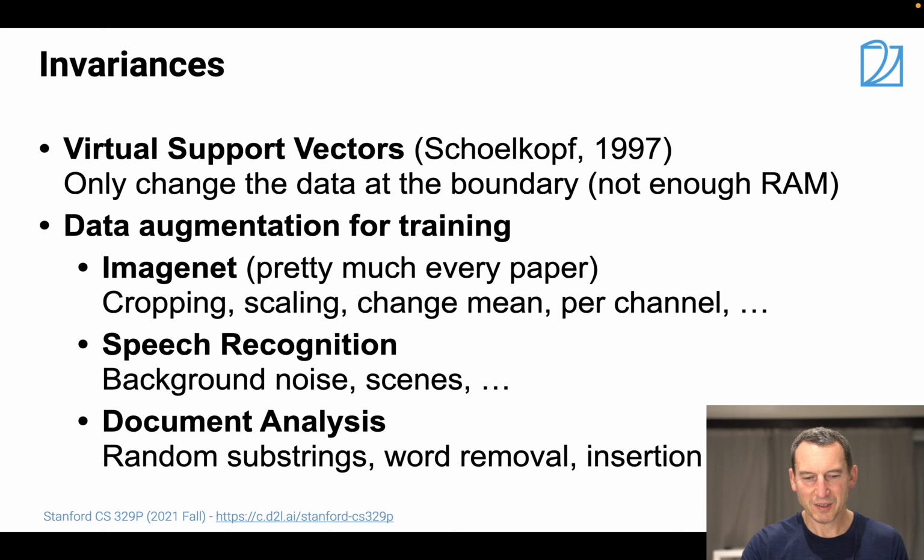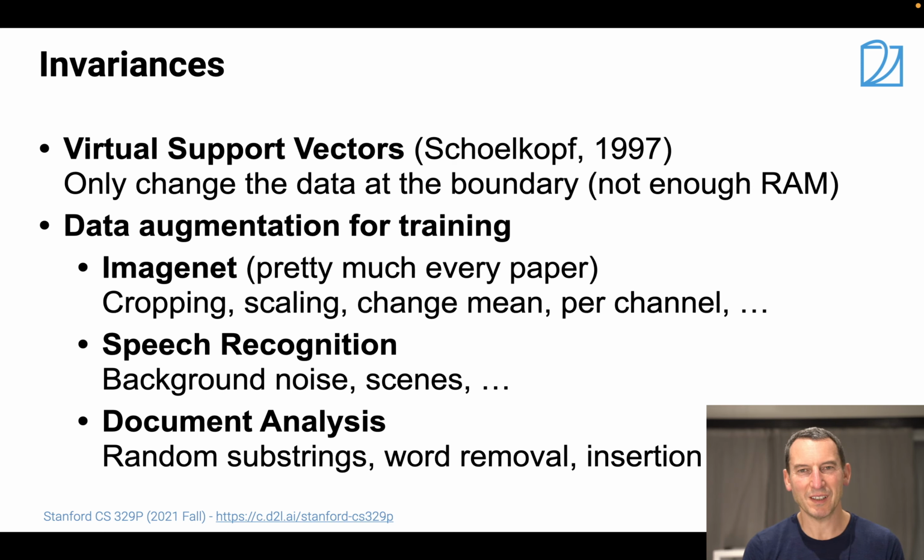There's another rather famous paper, namely on virtual support vector machines by Bernhard Schölkopf in 1997. The main algorithmic innovation was that he managed to make this optimization work when computers had maybe 16 to 32 megabytes, not gigabytes, of memory.